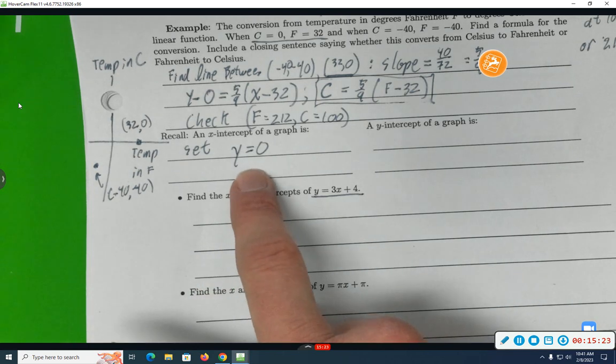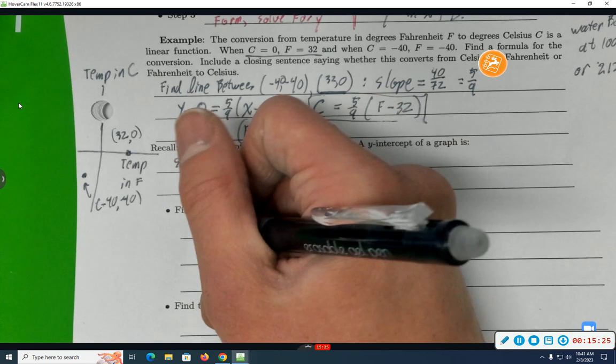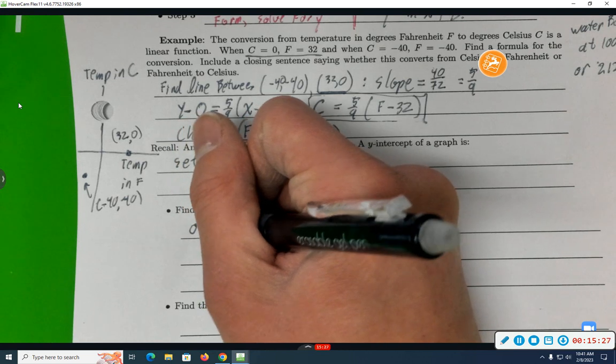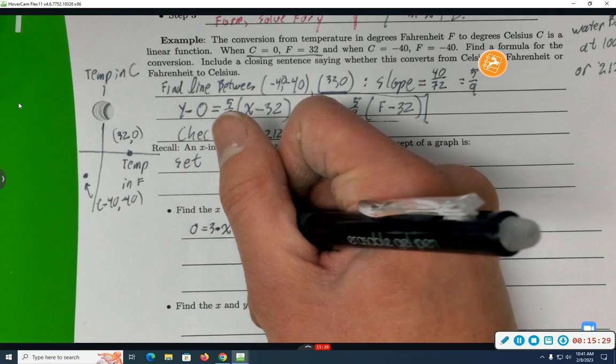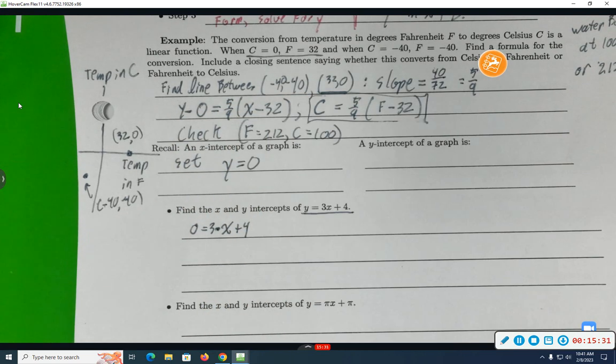Let's do that here. Set y equal to 0. You'll get 0 equals 3 times x plus 4. That looks like something you can solve for x. Any people want me to do the algebra? Okay, cool.